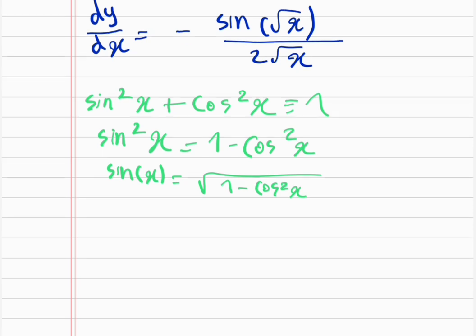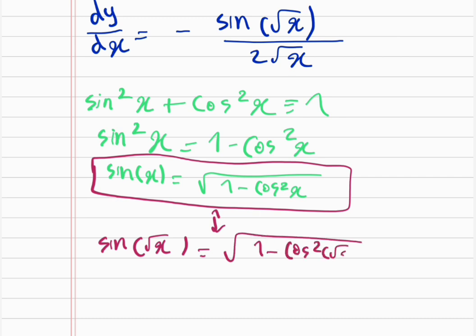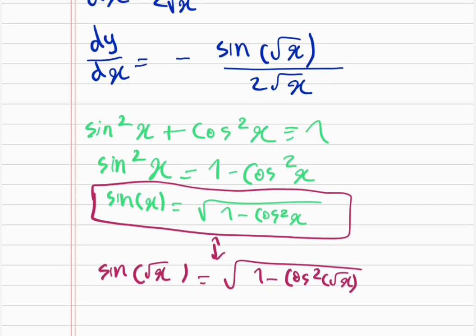But that doesn't change the result that we got here. So in order to use that for this question, we are going to use sine root x is equal to the square root of 1 minus cos squared root x. So that's what we need for this question.